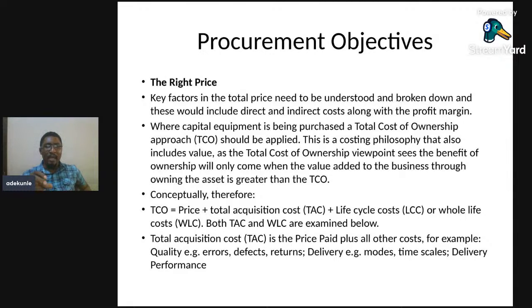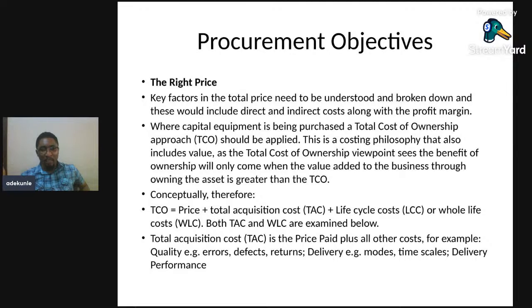Now, where you are purchasing capital equipment, for instance, a machine, a truck, a vehicle, you look at something called the total cost of ownership. You apply it for the right price, and this costing philosophy also includes the value. It includes the value as also the total cost of ownership viewpoint, and it also sees the benefit of ownership that will come when the value added to the business through owning the assets is greater than the total cost of ownership.